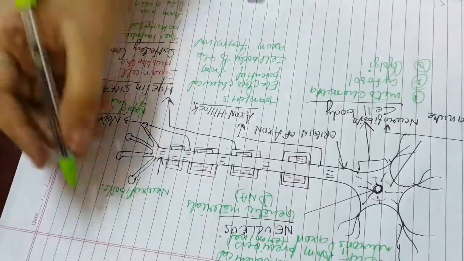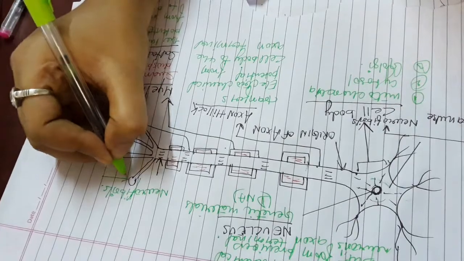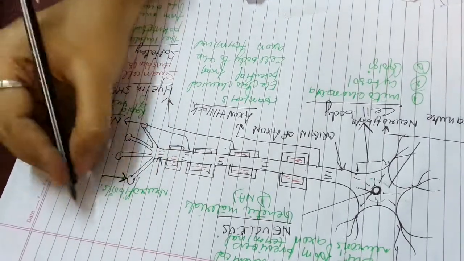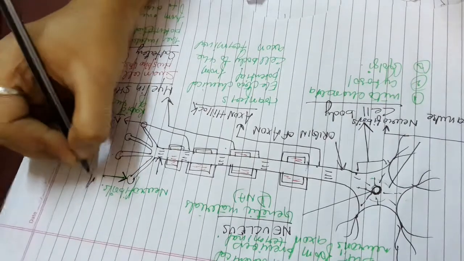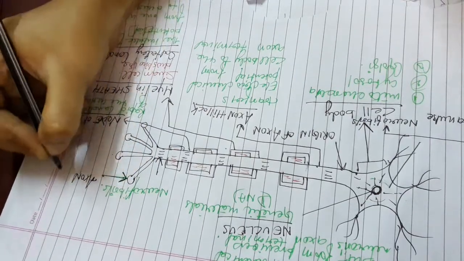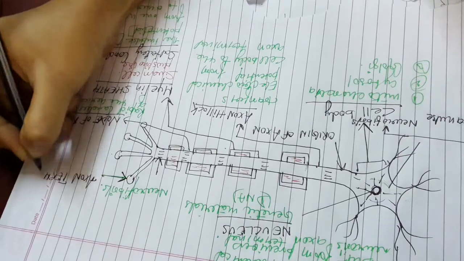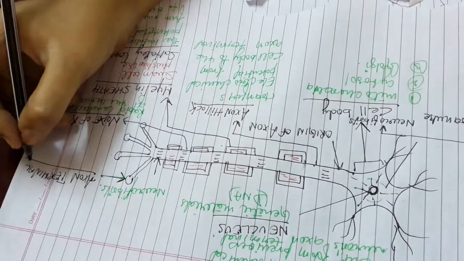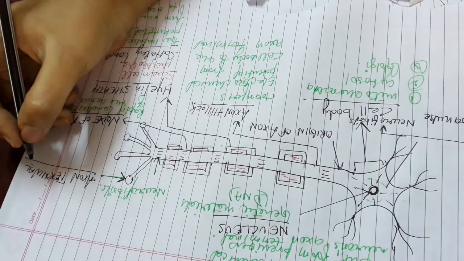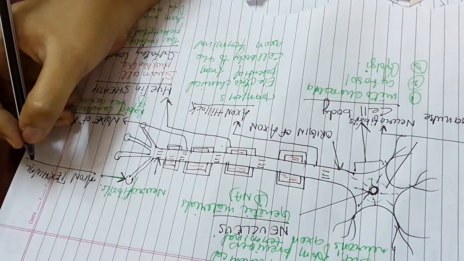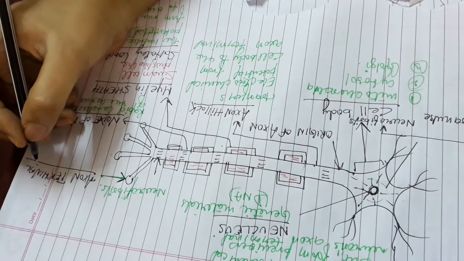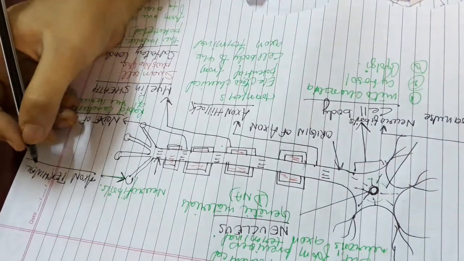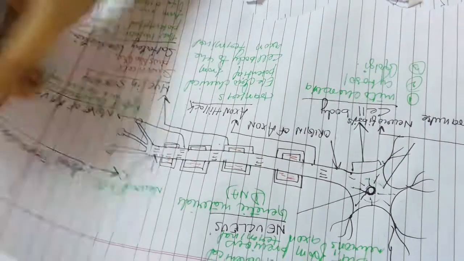Next, we will see the terminal ends, which is called the axon terminal. The axon terminals are responsible for transferring the electrochemical potential from one neuron to the other neurons.